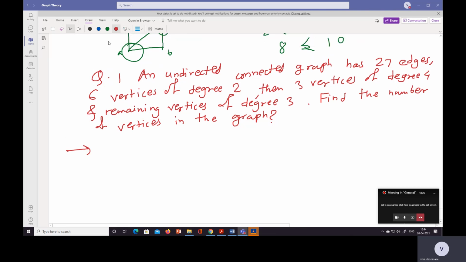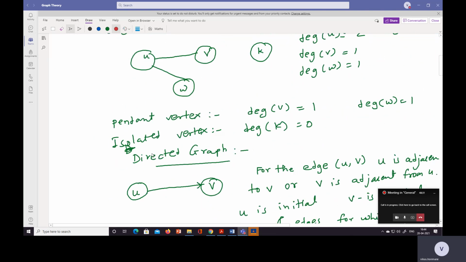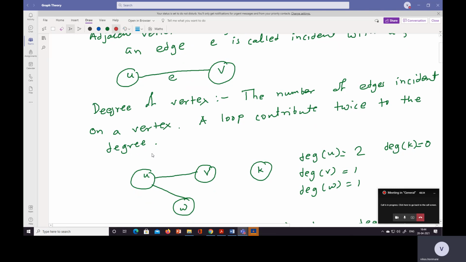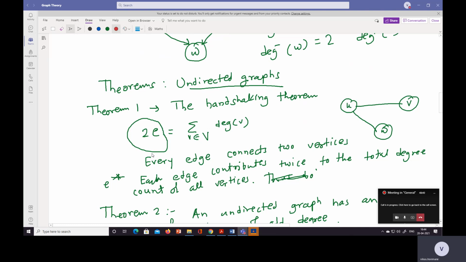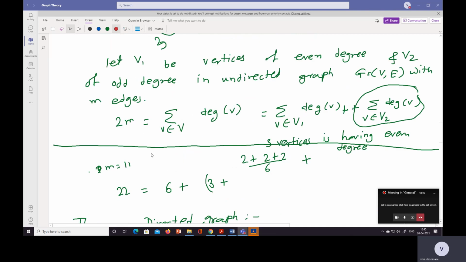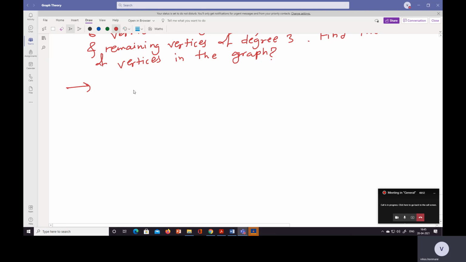We need to see what the handshaking theorem is. 2e is equal to the summation of all the vertices' degrees. So handshaking theorem: 2e is equal to the summation of the degree of all vertices.